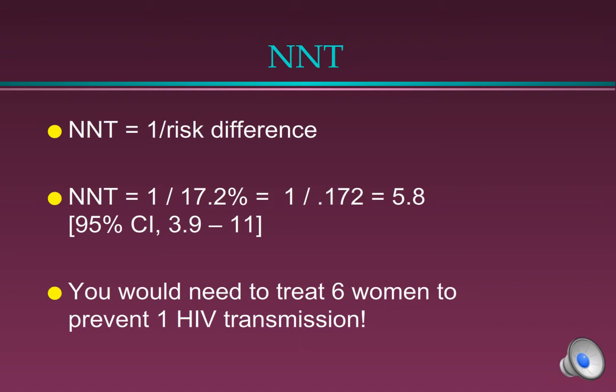And the impact of giving more medications, 3 drug therapy to prevent HIV transmission, of course, is very much stronger. So we can say that we would treat 5.8 or rounded up to 6 women to prevent 1, and the 95% confidence interval is somewhere between 3.9 or 4 women and 11 women.